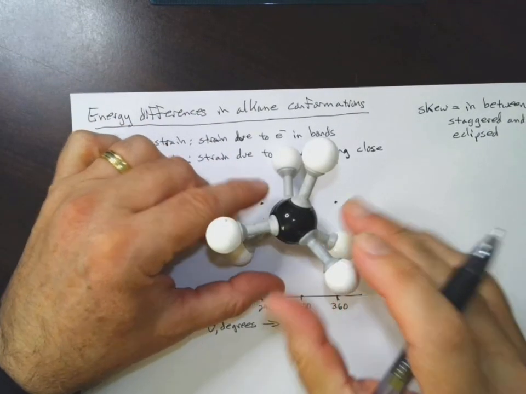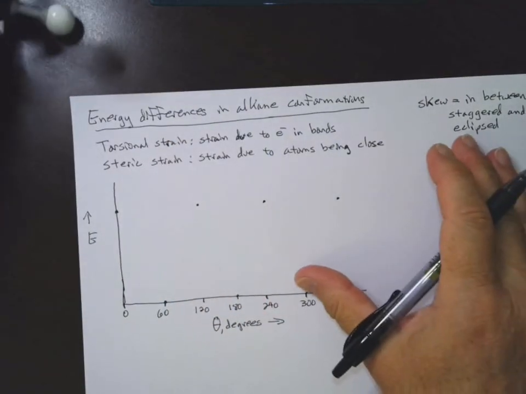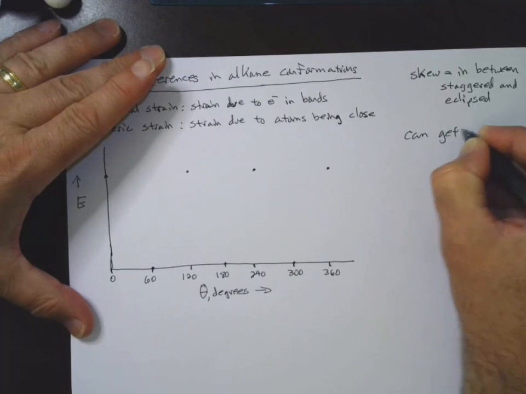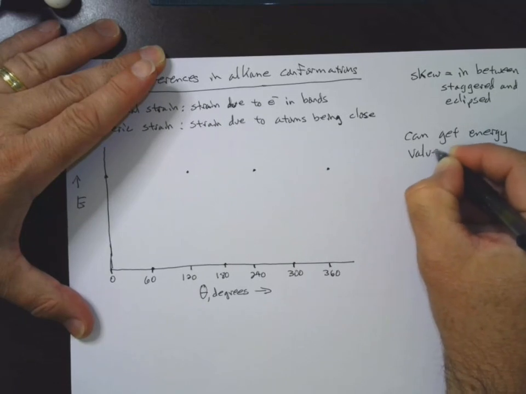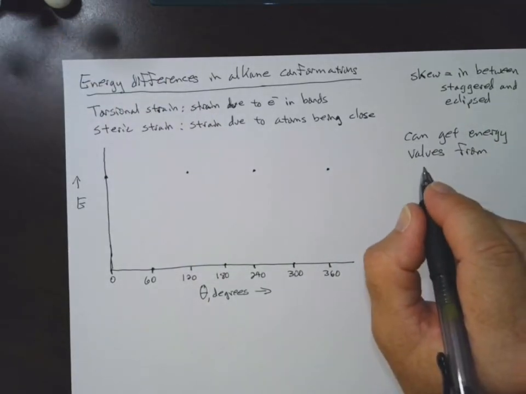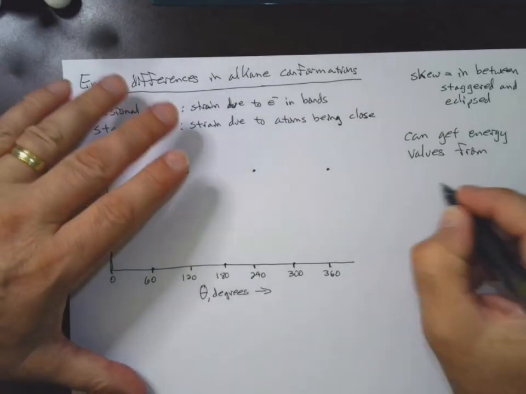All right. Now, what are the actual energies? So we can get our actual energy values, and we can get them from a table in the text, which is table 3.5.